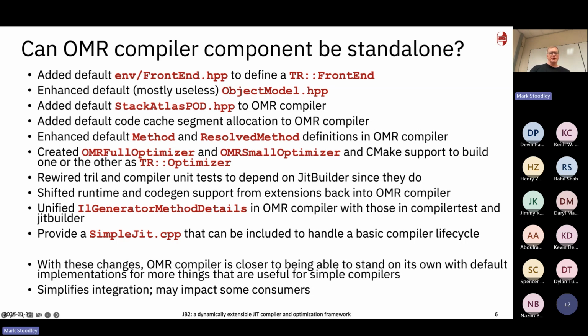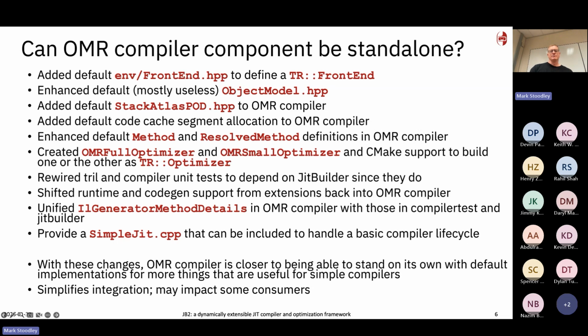Let's see. Another required thing that you have to do if you implement a compiler extension is to create your own IL generator method details, because the default one in the OMR compiler isn't very useful. So I sunk a bunch of stuff from the compiler extensions we had into the base one, which makes it more useful as a unified thing.